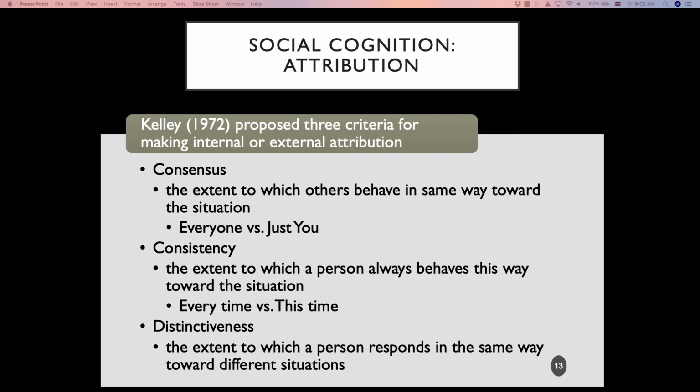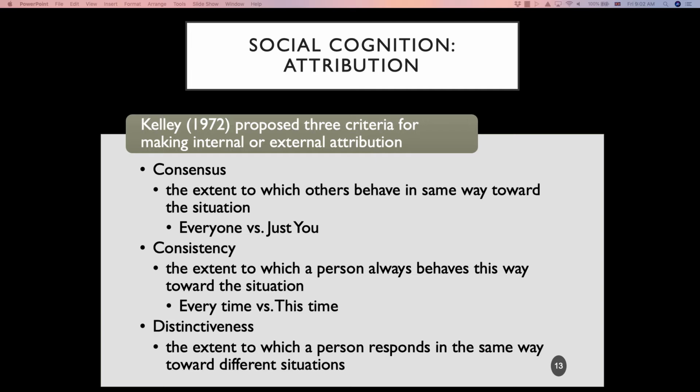And Kelly came up with 3 criteria: consensus, consistency, and distinctiveness. So what is the general consensus? Is it all of you who are late for class, or is it just you?